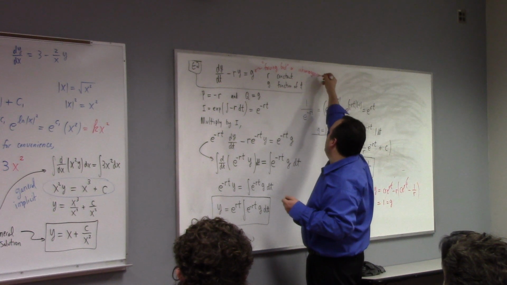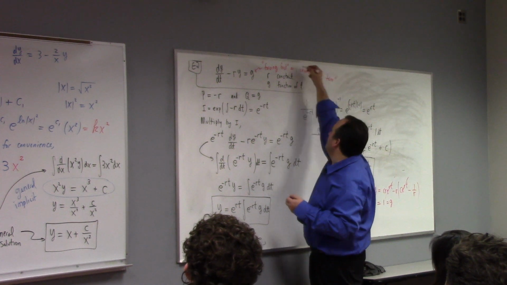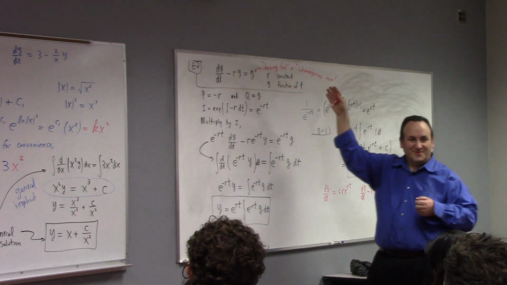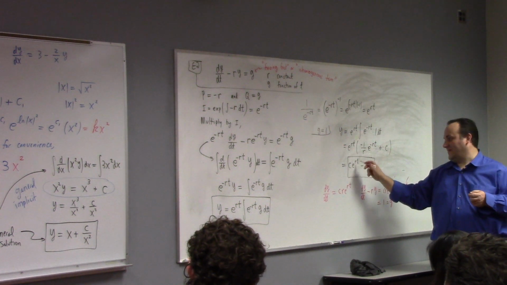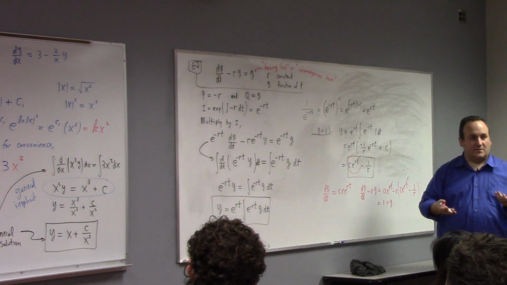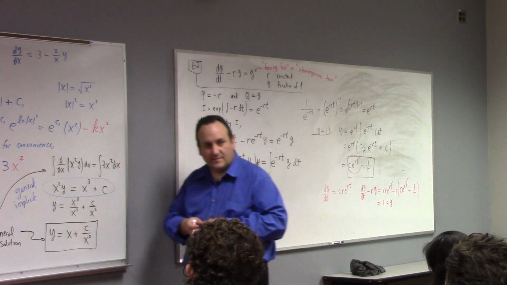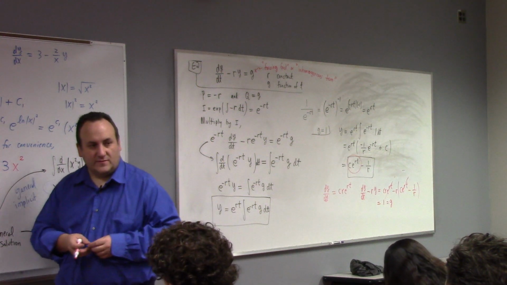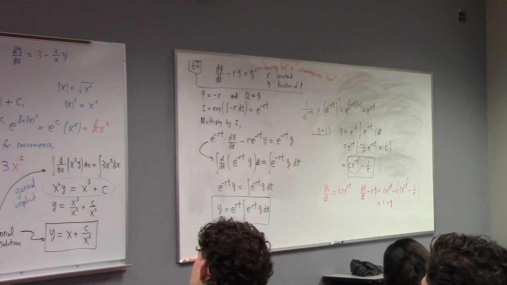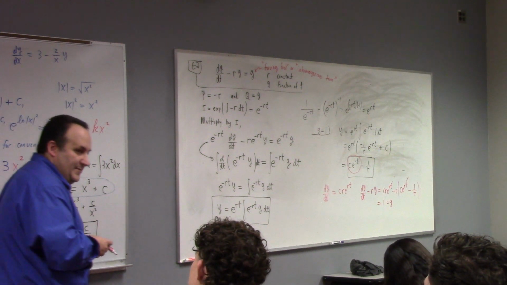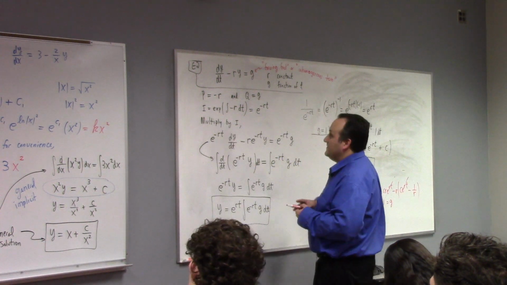No matter what that is, you always pick up the same C e to the RT. This term right here is inevitable, coming from adding a constant in the integration of g. So no matter what your choice of g is, that's always there. That's called the homogeneous solution to the differential equation. It's what the differential equation is responding to independent of g. You could think of it in terms of a charging capacitor.